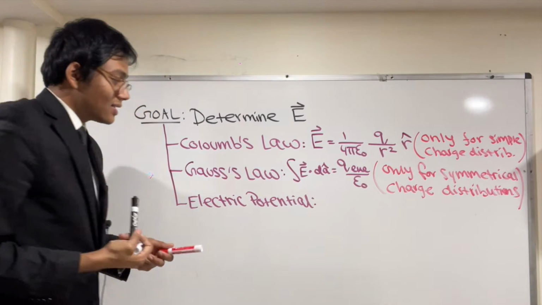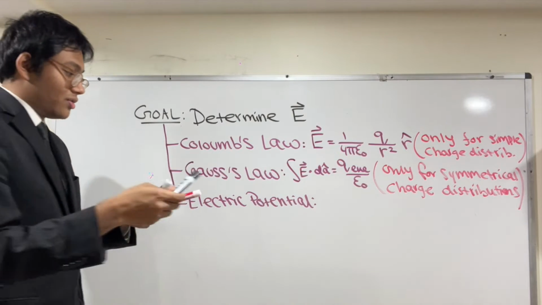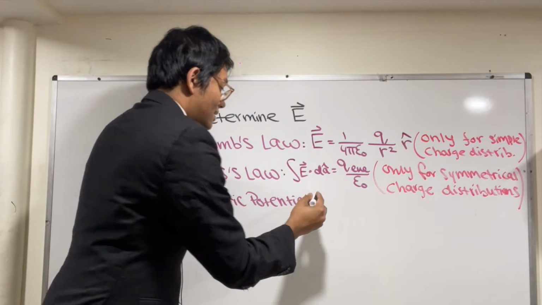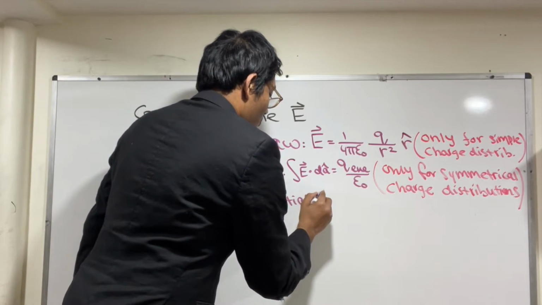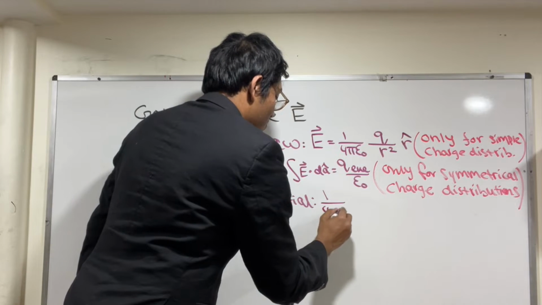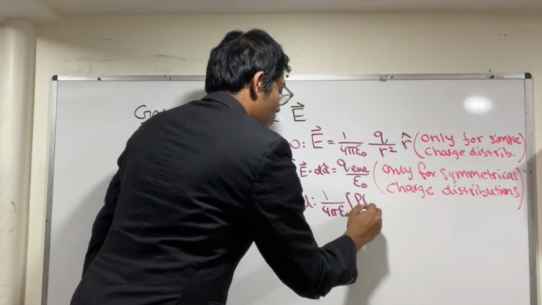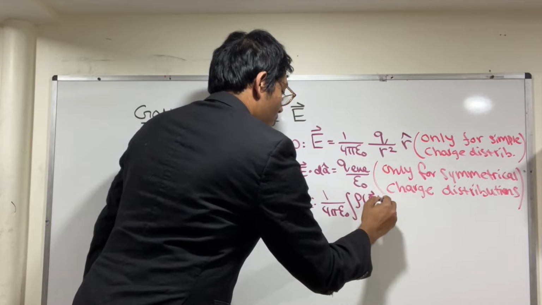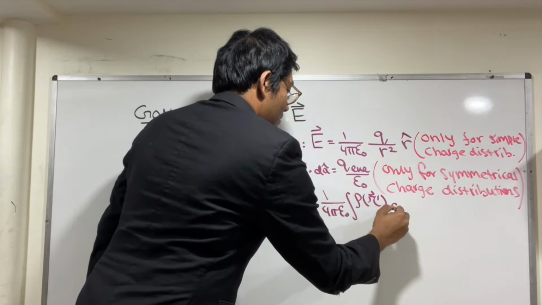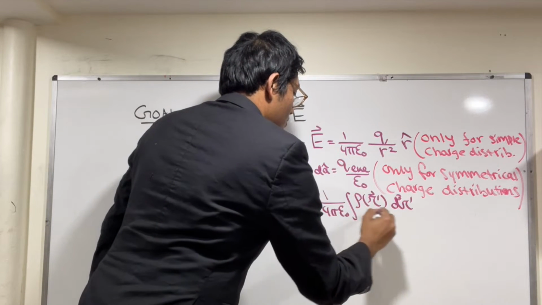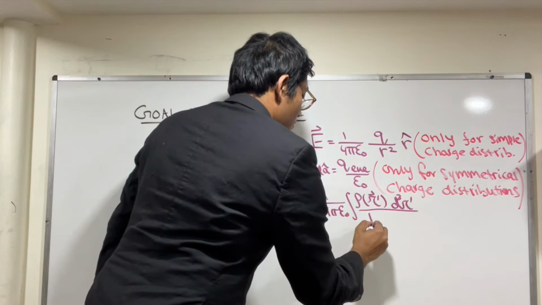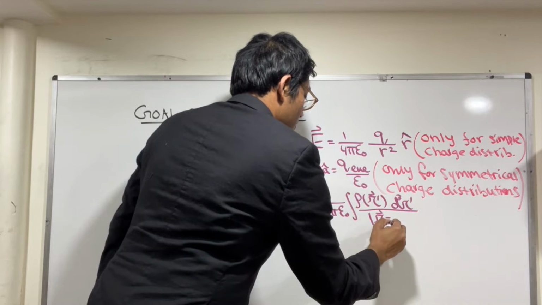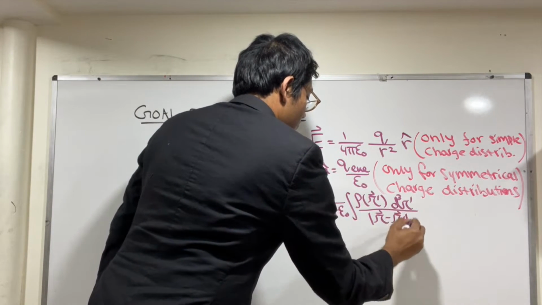Now, the electric potential for a continuous charge distribution is as follows. It is 1 over 4 pi epsilon naught, integral of rho of r prime, d cubed r prime over the magnitude of r minus r prime.